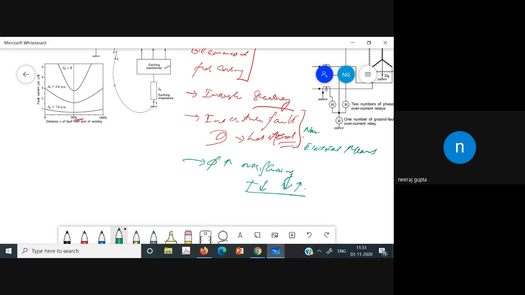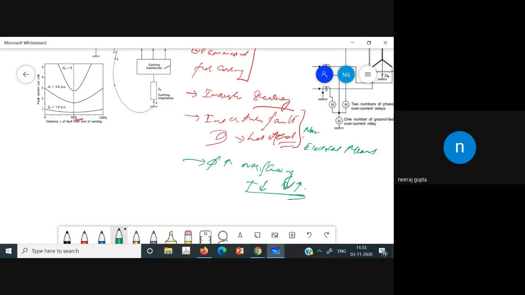Overfluxing can also be observed whenever there is an increase in the voltage at the rated frequency. Large transformers usually operate at their very high design limit, so overfluxing can have dangerous consequences. These are the issues that we can discuss one by one in the protection of the transformer.